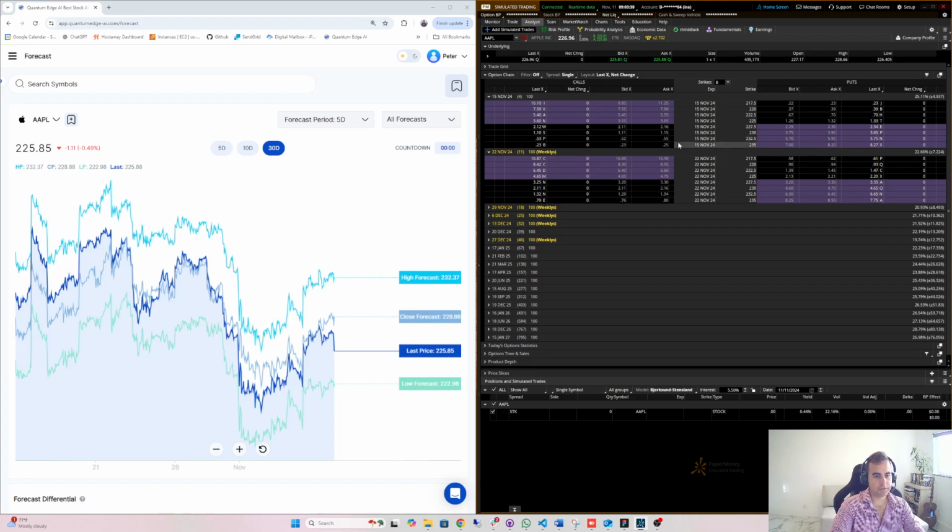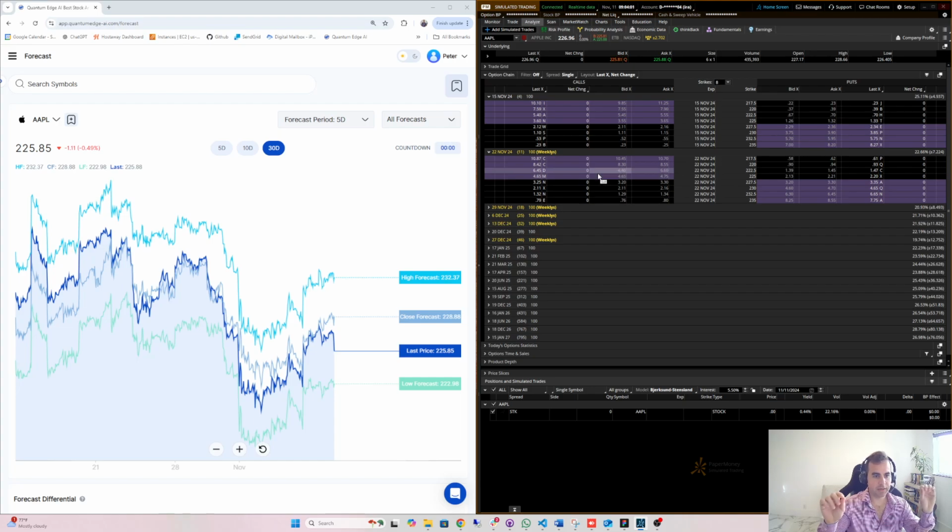Typically this is structured by having a long put. This is a short, this is a short, this is a long, this is a long. But what we're going to do is think about it in terms of the put side and the call side.